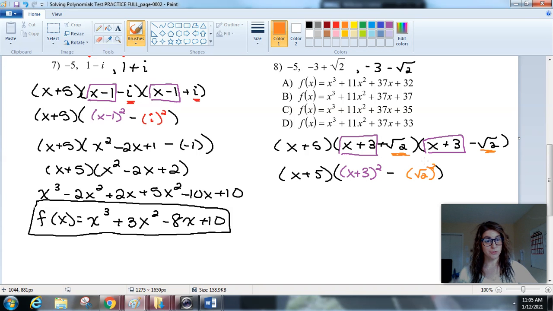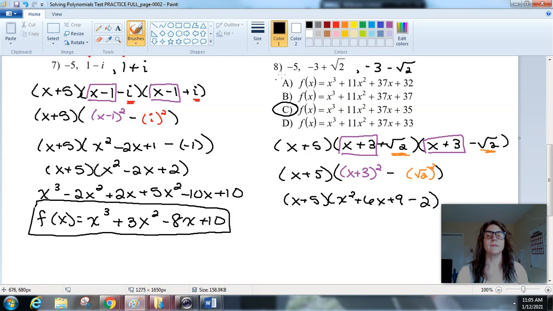And again, your groupings are going to square because you're multiplying them out twice. And when you multiply all that out, x plus 3 squared is x squared plus 6x plus 9 minus a 2. And then you would go through, multiply all of that out. You do end up with C. I'm not going to go through the whole process, but that is your final answer for that one.